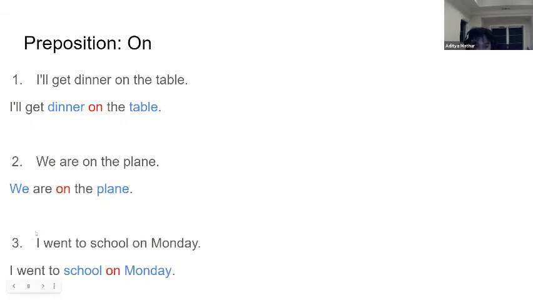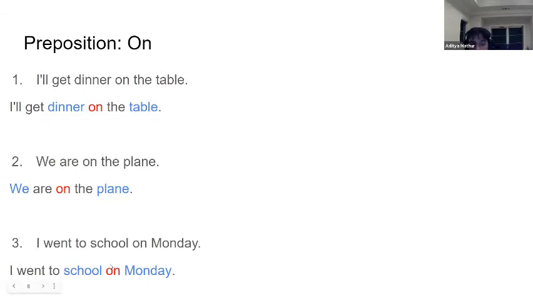We have I, school, and Monday. So we have to again pick. Is on relating I and the school? Is on relating I and Monday?